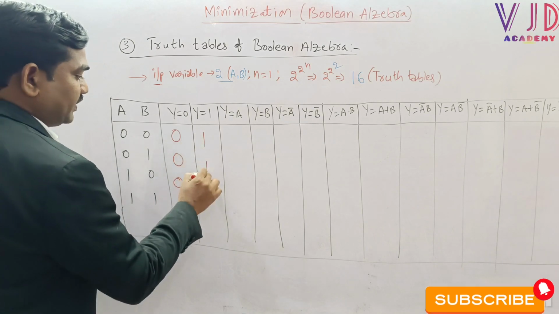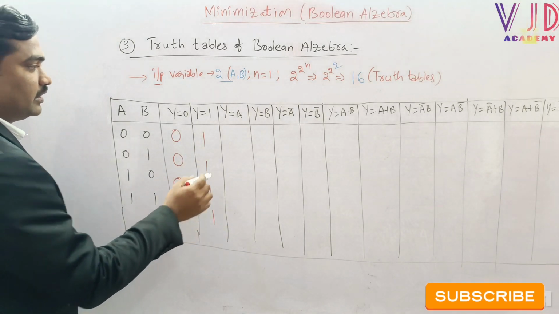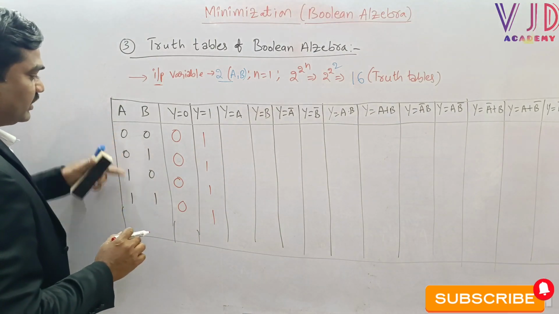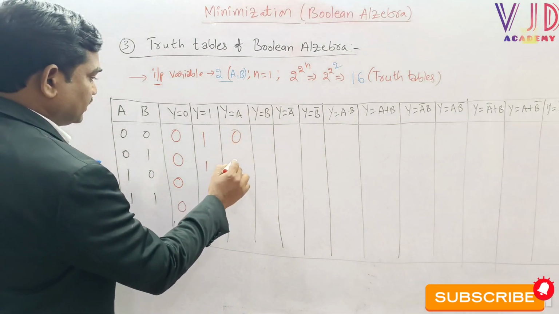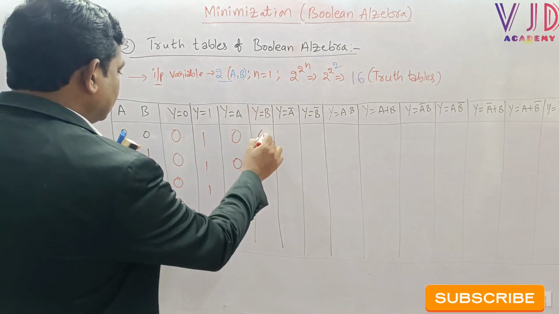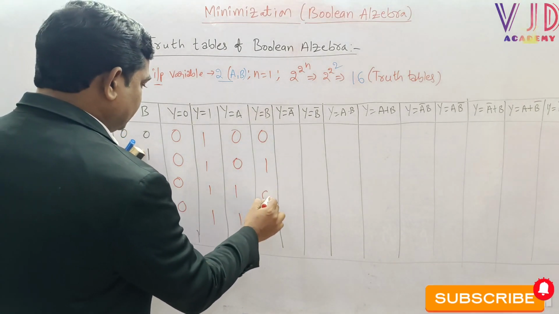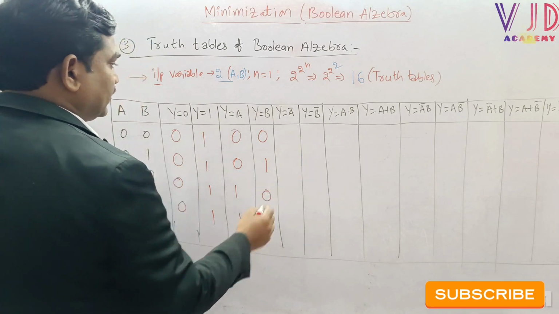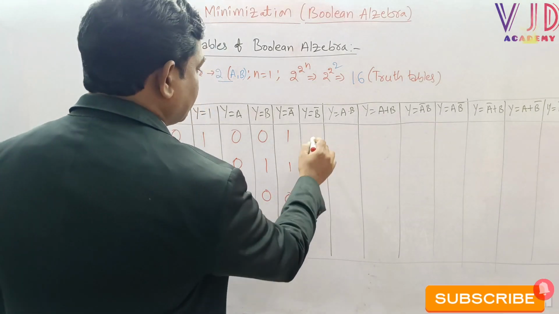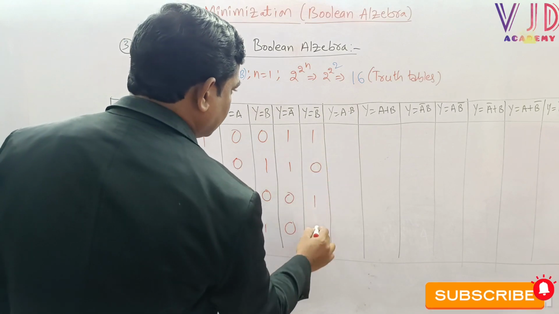For the input variable A we get 0, 0, 1, 1, and for B we get 0, 1, 0, 1, and for A bar we get 1, 1, 0, 0, and for B bar we get 1, 0, 1, 0.